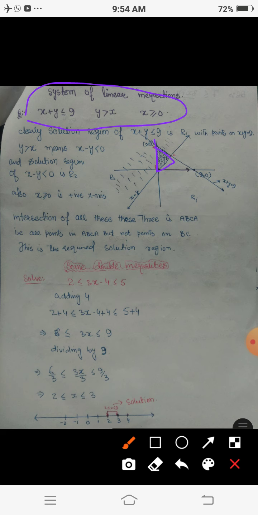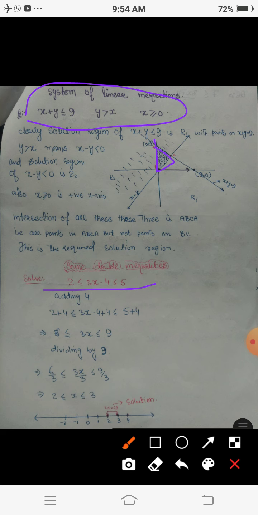Now how to solve the double inequality? A double inequality is an expression containing two inequalities, like 2 less than or equal to 3x minus 4 less than or equal to 5. Here we have to find the values of x which satisfy this.